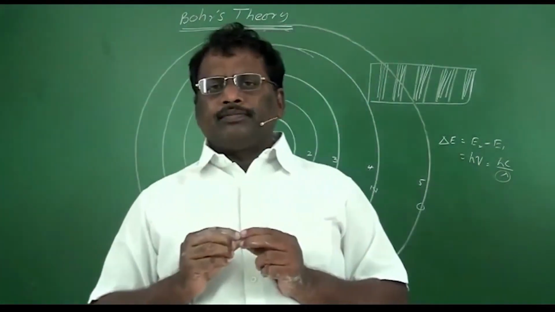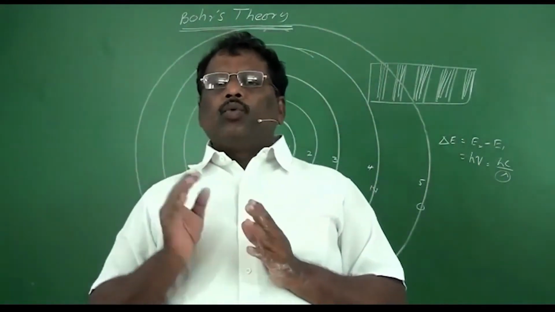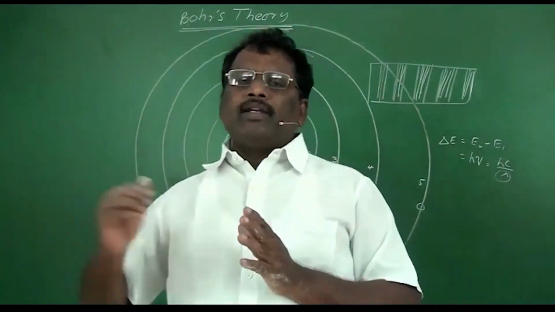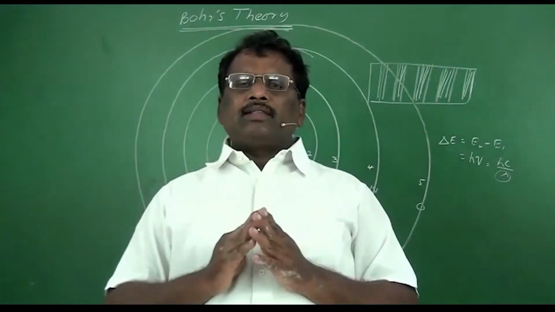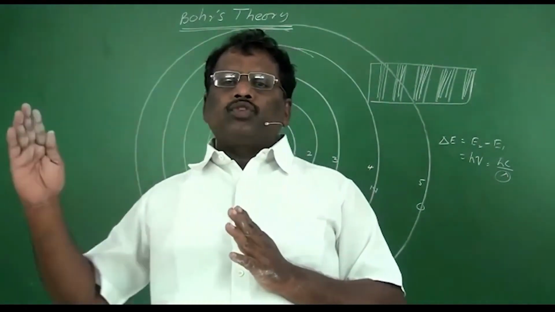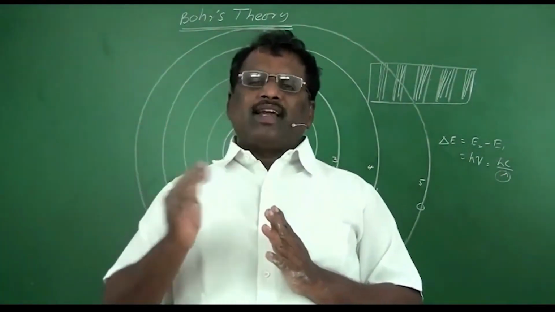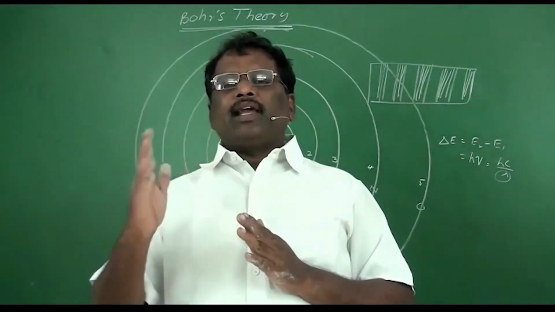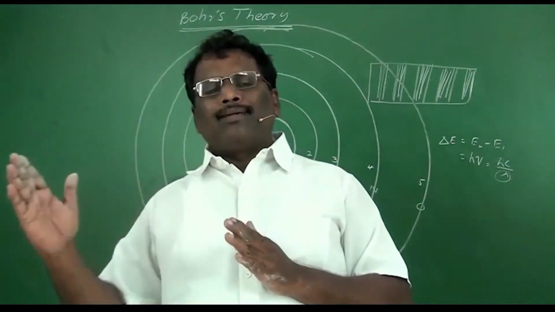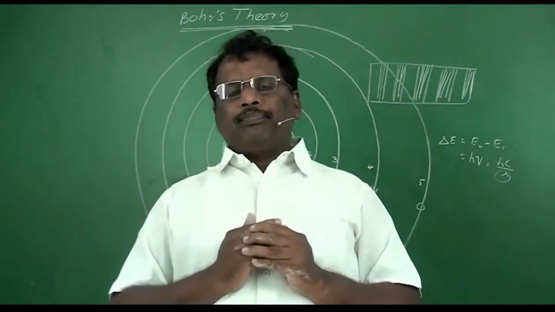Around the nucleus, at a specific distance, we have certain circular orbits. These circular orbits are designated as 1, 2, 3, 4, and so on from the nucleus side. Or they can also be designated as capital K, capital L, capital M, capital N, and so on from the nucleus side.